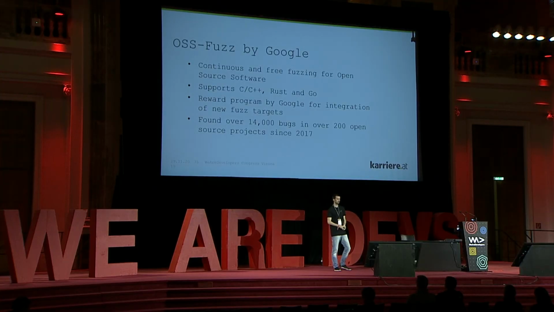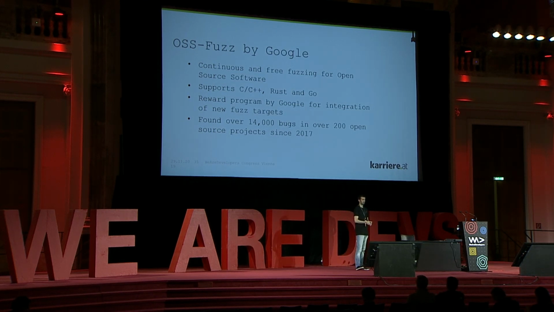OSS-Fuzz will take these configuration files, build your software, and then fuzz it by putting it into ClusterFuzz. It supports C, C++, Rust, and Go. And there's a reward program by Google for integrating a new fuzz target. For example, if you're an open source developer of a bigger project, you can integrate your project into OSS-Fuzz, and you will even get rewarded for it.